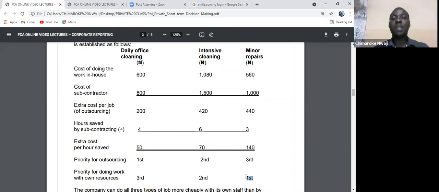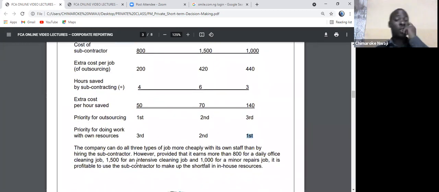Then if your capacity can carry you, you take the 70 naira job and all that. So outsource priority, you see that the ones that you are spending least is the one you are giving out first. The one that you would have been spending most, that is the one you are undertaking first, so that you don't end up giving it out.